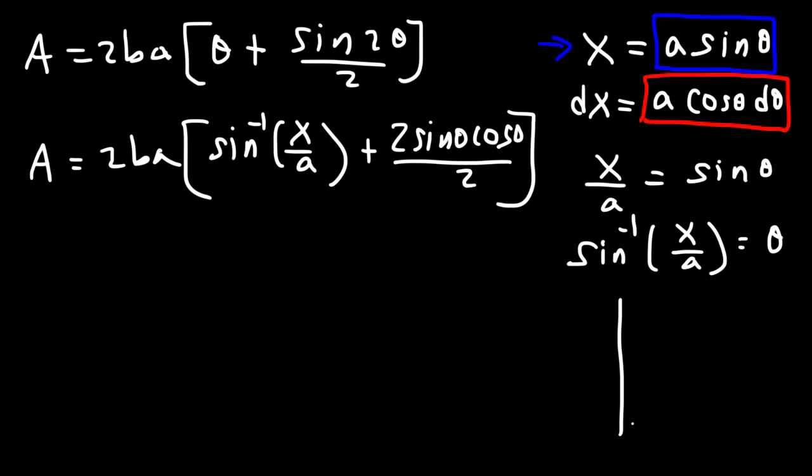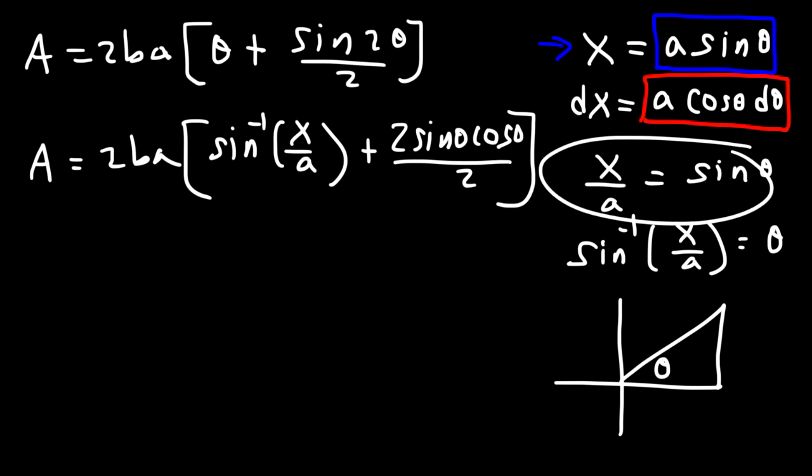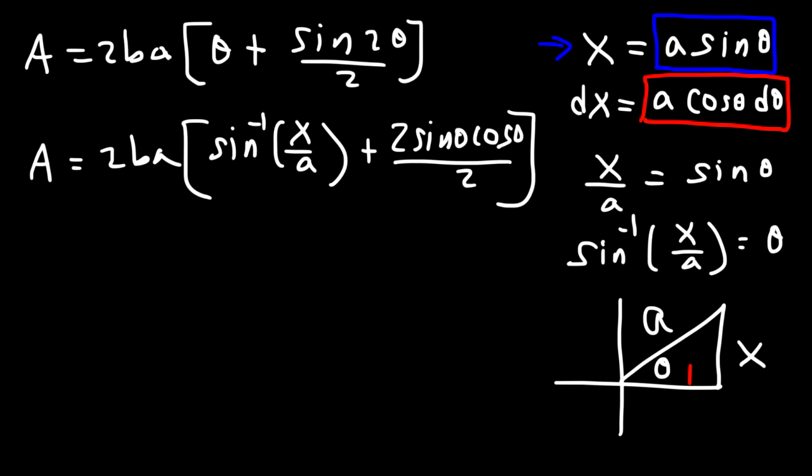Now if we make a triangle, and let's say this is theta, sine theta is x over a, and sine is opposite over hypotenuse. So x is opposite to theta, a is the hypotenuse of the right triangle. So to find the missing side, it's going to be the square root of a squared minus x squared.